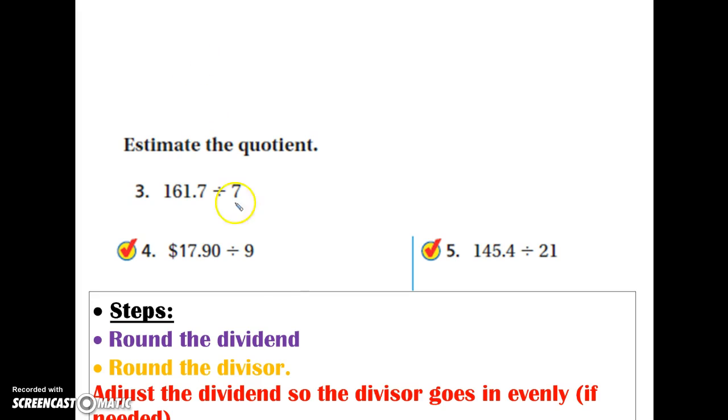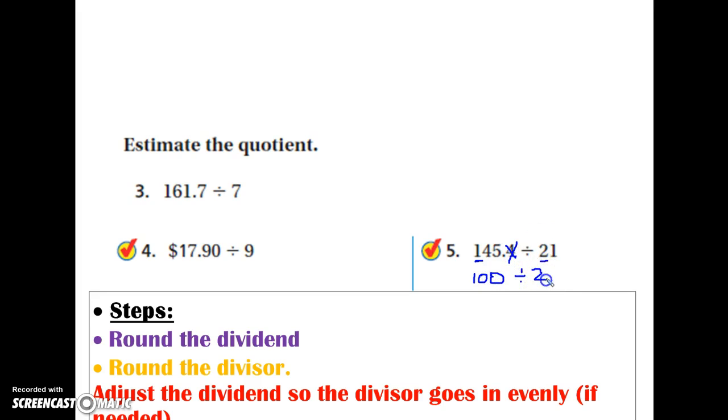Okay, so I'll do one more. Number 5, I have 145.4 divided by 21. I'm going to cross out this 0.4. I don't care about it if I'm estimating. I'm going to round 145, and that rounds to 100. I'm going to round 21.